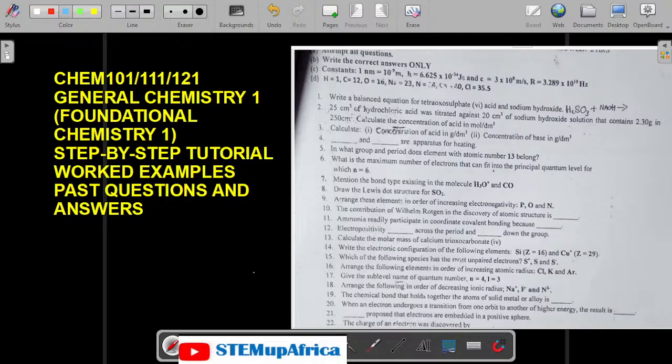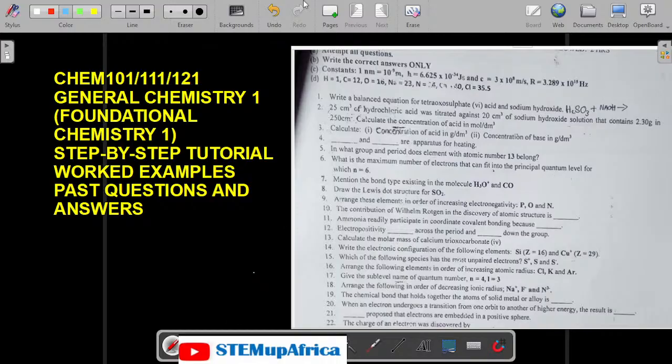You need to know who are cations and who are anions. Cations are positive ions, while anions are negative ions.